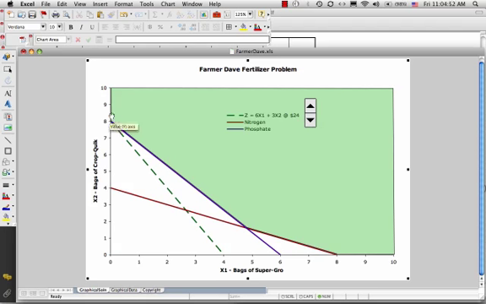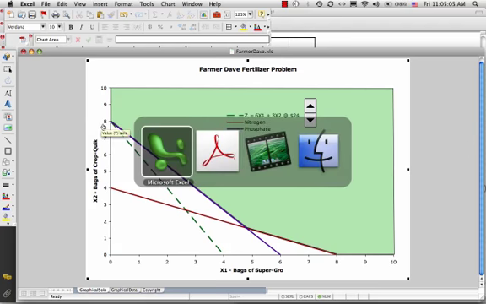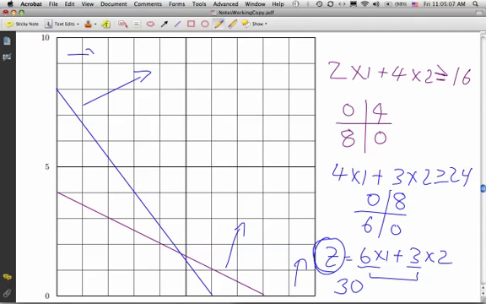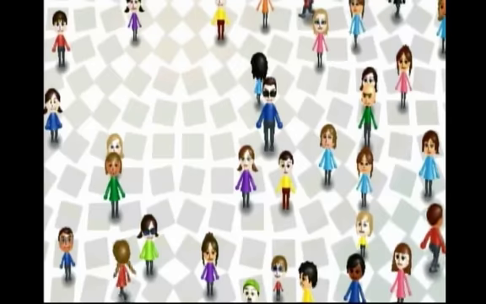And there it is at 8 bags of Crop Quick, which is $3, 0 bags of Supergrow, which is $6, which is kind of what you'd expect. And that is the end of the graphical solution for the Farmer Dave problem from class number 2.